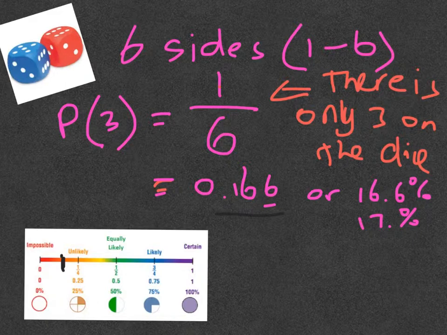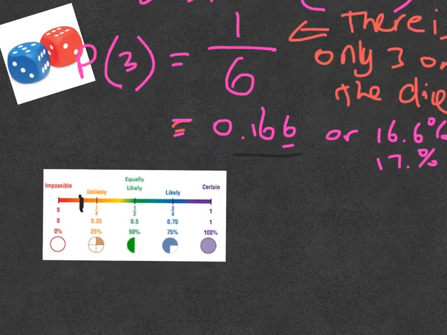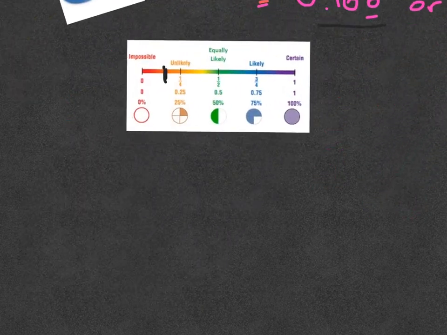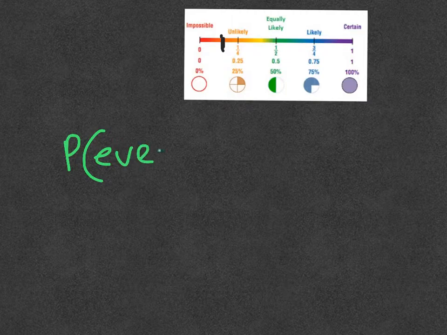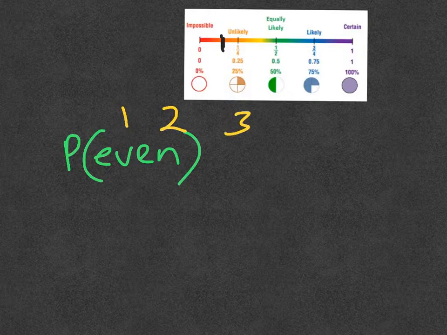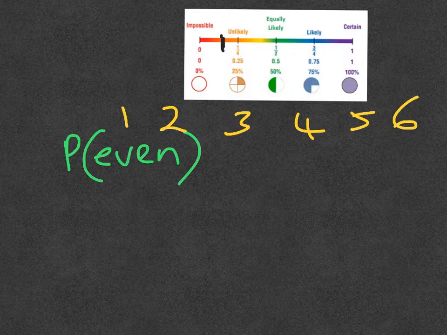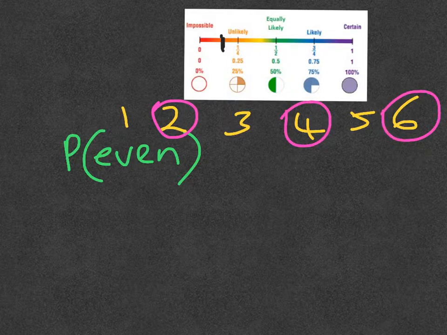Okay, so let's try something slightly different. Let's move this up, out of the way. Now let's say we want to calculate the probability of getting an even number on our die. Just to recap, our die has 1, 2, 3, 4, 5, 6. So we'd be looking at either a 2, 4 or a 6.